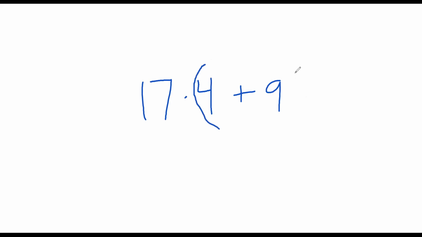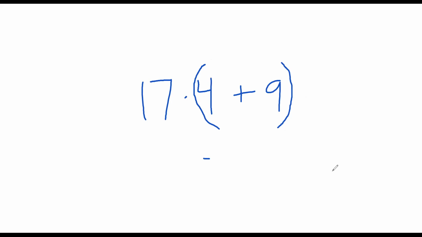Another thought to think about. Be very careful that there are parentheses in order for the distributive property to apply. Here, this is just 17 times 4, whatever that comes out to, and then add it to the number 9. So that's one thing. If I put parentheses around the 4 plus 9, then that's a different thing.